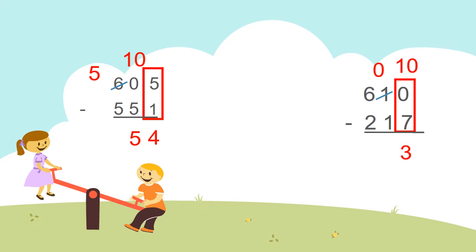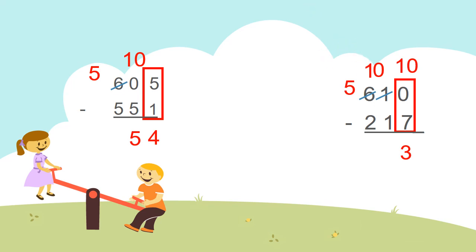Now, here the tens became 0 and I want to take 1. Can I do that? No. What shall I do? I will go to the hundreds and take 1 from it. The 100 will be 5, and then I am going to do what with this one that I took? Change it to 10.